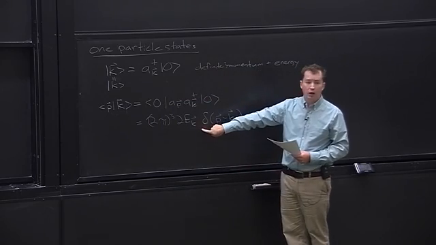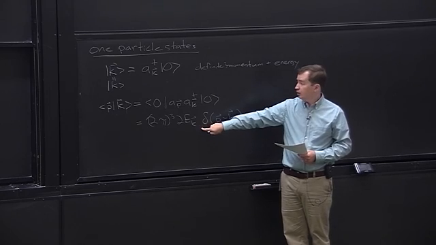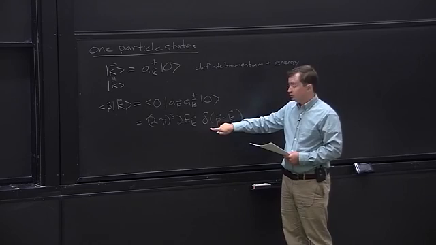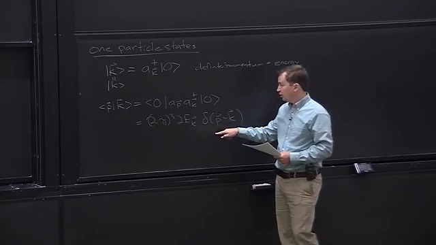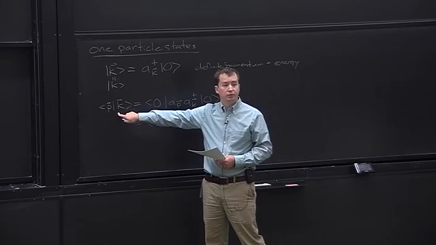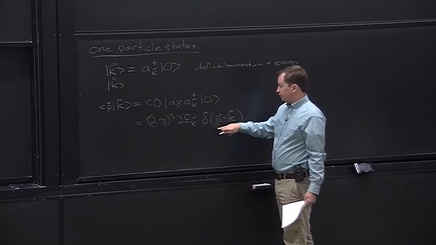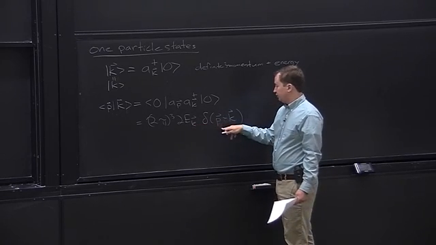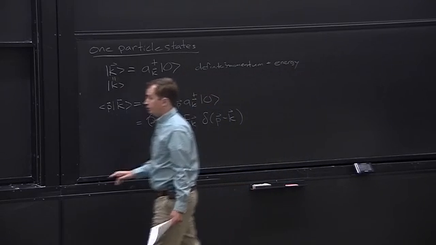And so this is why we went through the trouble yesterday of writing our solution to the Klein-Gordon equation in terms of a Lorentz invariant measure, because now we have a Lorentz invariant normalization for our states. So it's basically the same kind of argument that tells us this is Lorentz invariant as here.